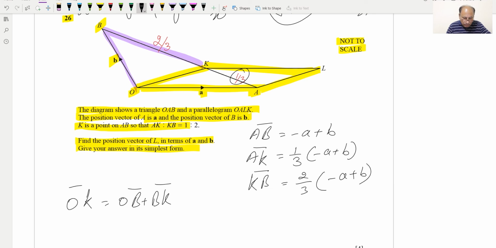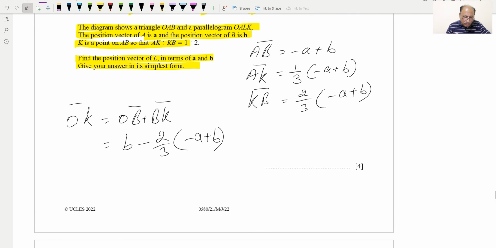We know OB is equal to b, and BK is the negative of KB, so it will be minus 2/3 of minus a plus b. And further we know that OK is equal to AL.